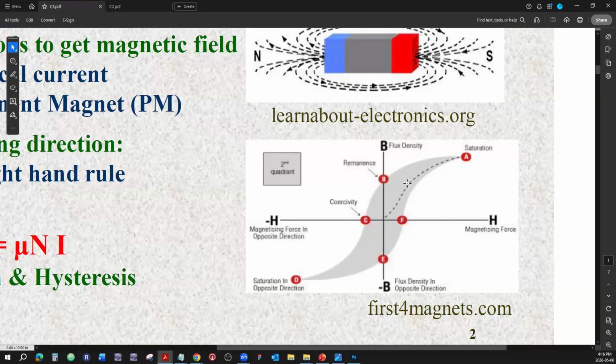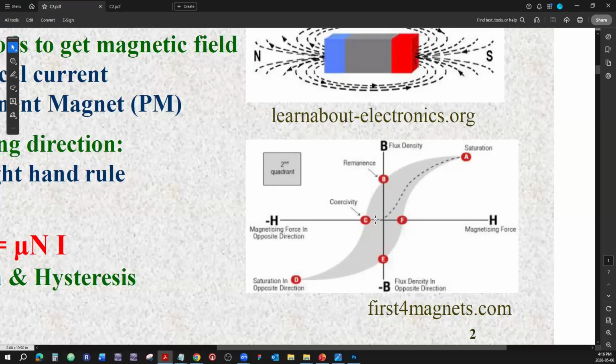It's not going to demagnetize down to zero. It's going to have some residue here. Now we keep going back. We're going to reverse the magnetic field, and we're going to reach saturation at the other end, and we're going to go back to zero. That thing is still going to have some magnetization going on. So this is the hysteresis curve.